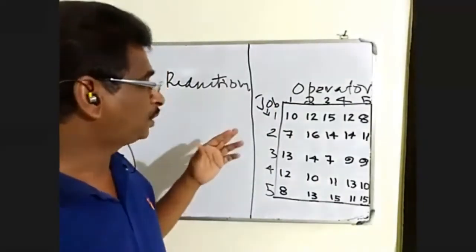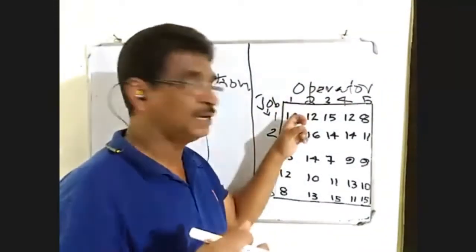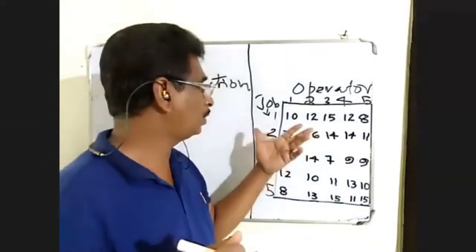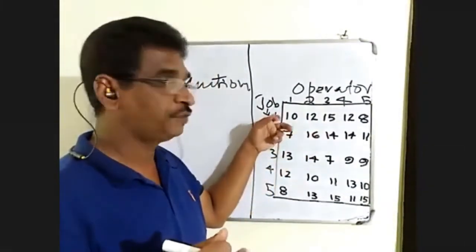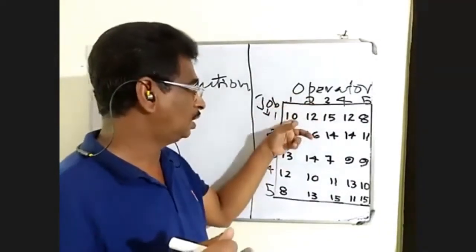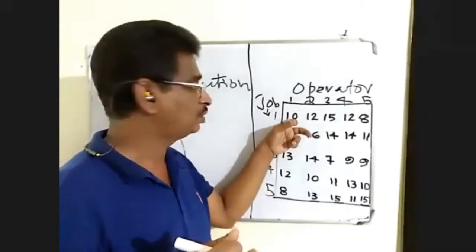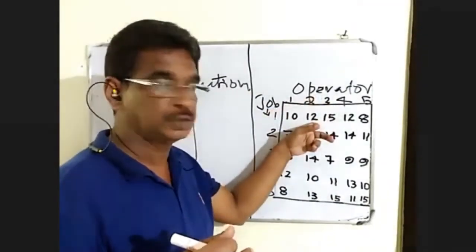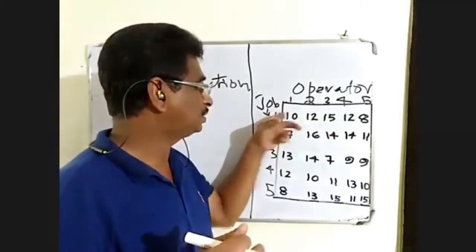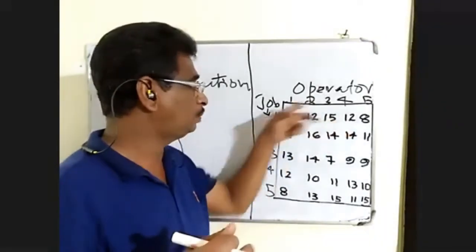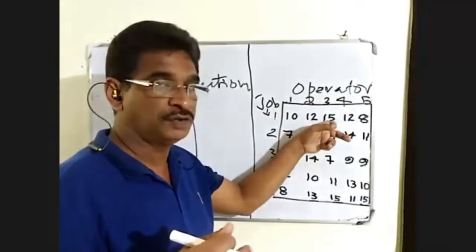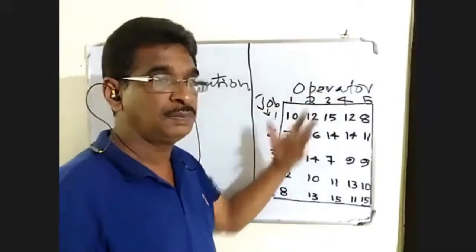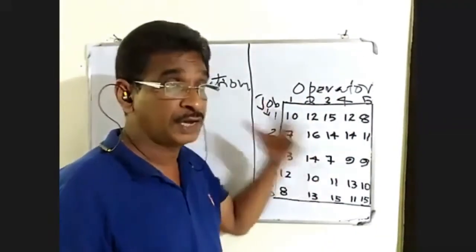You can see that 10 may be hours or cost, whatever it may be. The first subject, the first teacher will take 10 hours. The first subject, the second teacher will take 12 hours. The first job, the third teacher will take 15 hours or cash, 15,000 or 12,000, whatever it may be. It may be either time or cash.